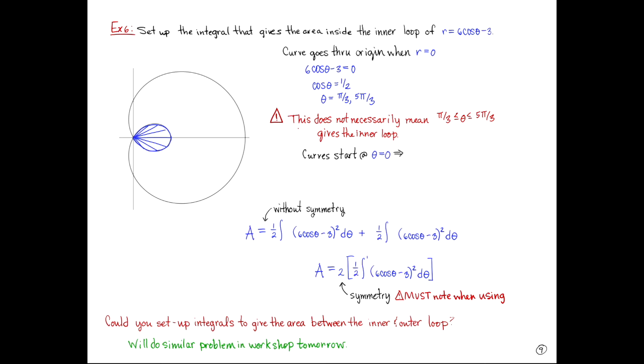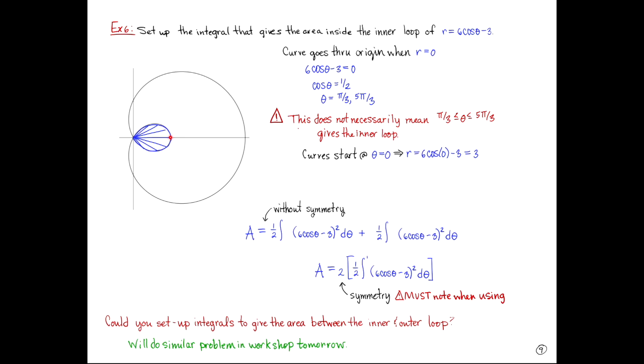Subbing that in gives us r is equal to 6 times cosine 0 minus 3. Cosine 0 is 1, and so 6 minus 3 is 3. That all by itself is not very helpful because we have no scale on this graph. So we don't know if r equal to 3 occurs here or here.